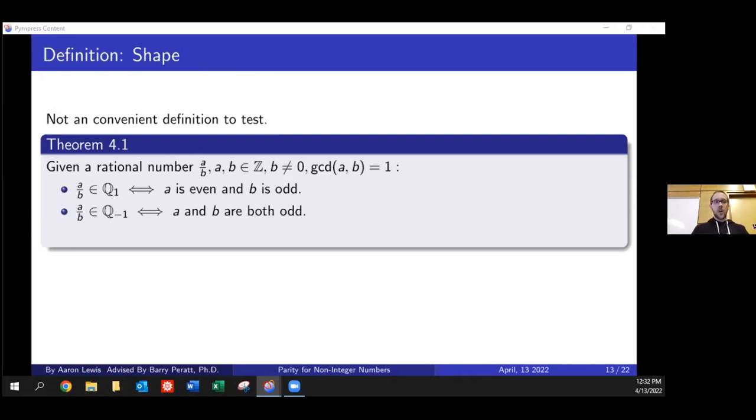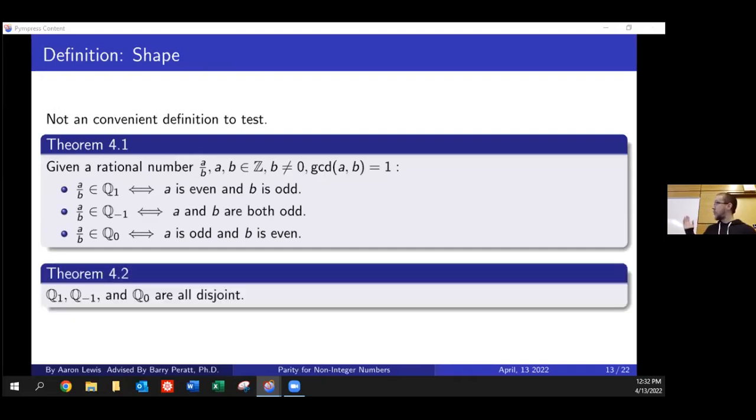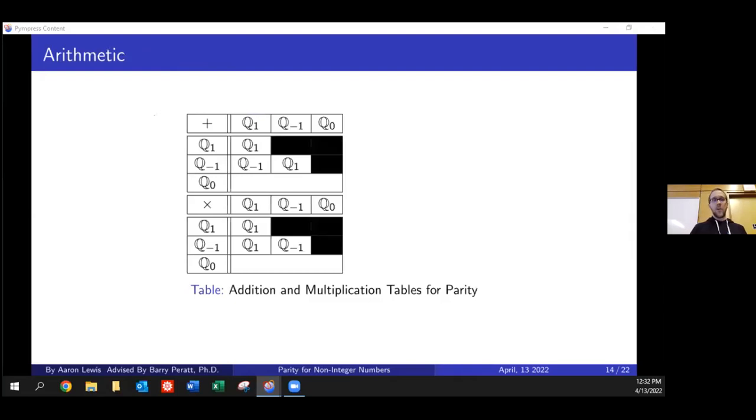A over B is going to be in Q-1 if and only if A and B are both odd. And A over B is going to be in Q0 if and only if A is odd and B is even. And following from this is another theorem that all three sets are actually disjoint, meaning that we do have a proper division of all of the numbers.